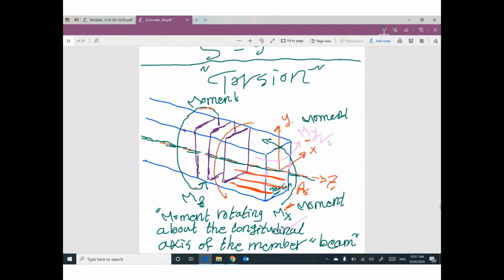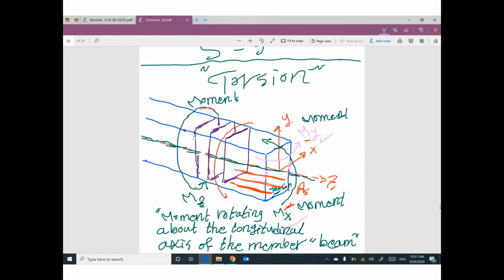But your torsion is a special moment rotating about the longitudinal axis. The regular moment will be supported by longitudinal reinforcement that we covered before exam 1. But now the torsion, which is a moment about the longitudinal axis, will be supported by closed stirrups.